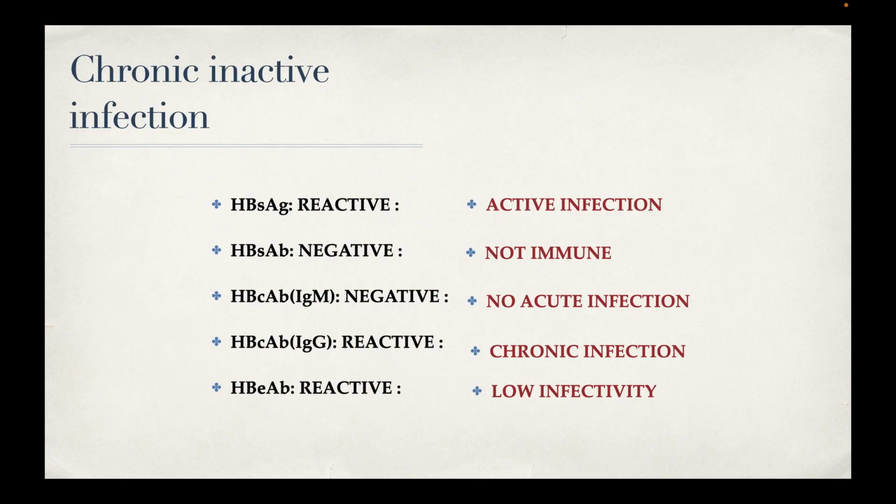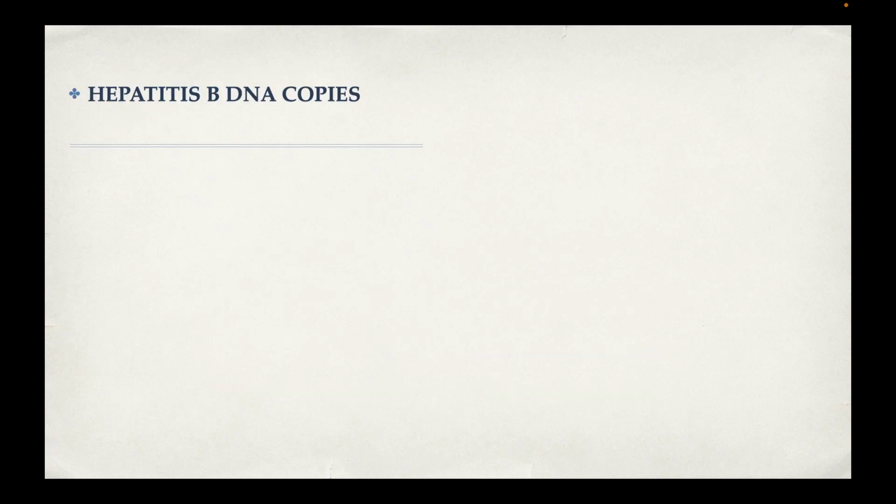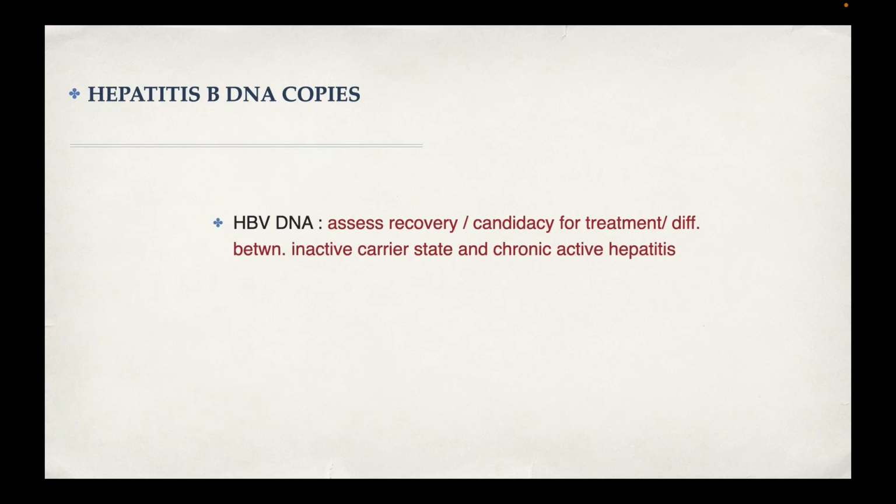Now, once we have seen these examples, another important thing that we need to know is the hepatitis B viral DNA. And as part of the serology, it is important that we request for the viral DNA to know the viral loads. And so the hepatitis B viral DNA helps us to assess whether the patient is recovering from an ongoing infection.